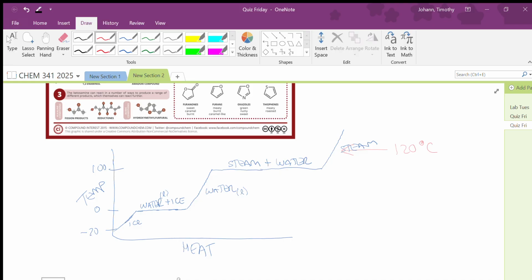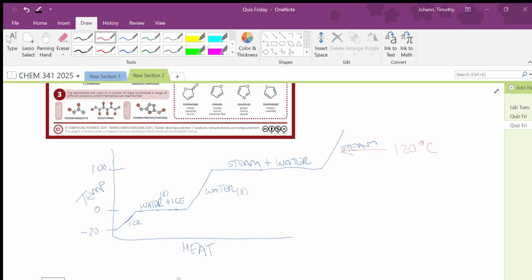Where do we get our Browning reactions? About 120 degrees. So what has to happen for us to get to that temperature? You have to get rid of the water, right? You have to get rid of the water. So when you're cooking, getting rid of water is a really big part of what you're doing. And as long as there's a bunch of water around, you're not going to get these Maillard reactions, right?